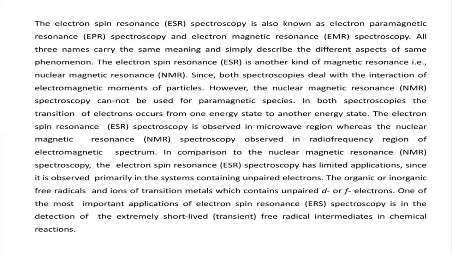ESR is observed in the microwave region, whereas NMR is observed in the radio frequency region of the electromagnetic spectrum. In comparison to NMR, ESR spectroscopy has limited application since it only deals with paramagnetic species, primarily systems containing unpaired electrons in organic as well as inorganic molecules, free radicals, and ions of transition metals which contain unpaired d and f electrons.